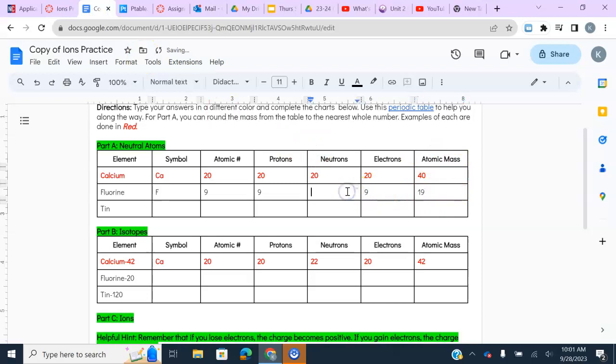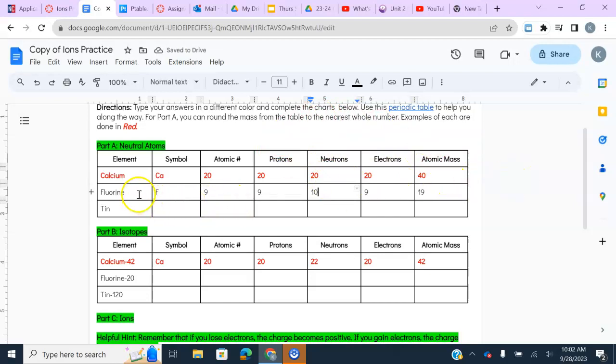And then our neutrons, remember that's the man part of 8-man: mass minus our protons, or atomic number. So 19 minus 9 is 10. Okay, so that's how you do that. That's just a review of 8-man.